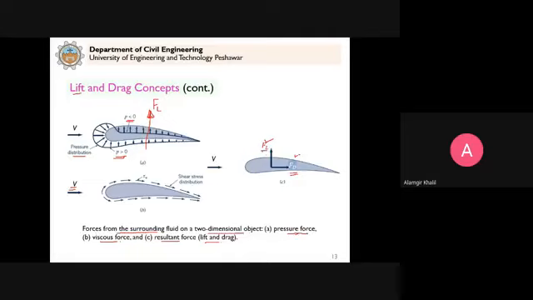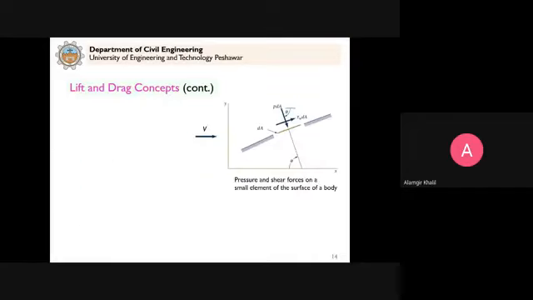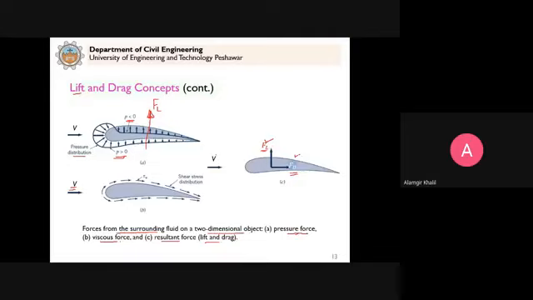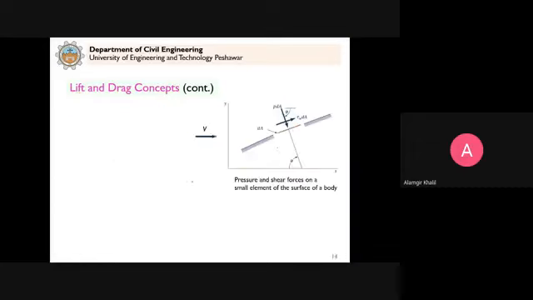So now we are moving towards the concept of how we will calculate these two types of forces. In this case, we consider a small portion, clear, of this body. For example, you consider any part here. Let's say I consider this small part of the body surface shown in this diagram, and this I highlight here.